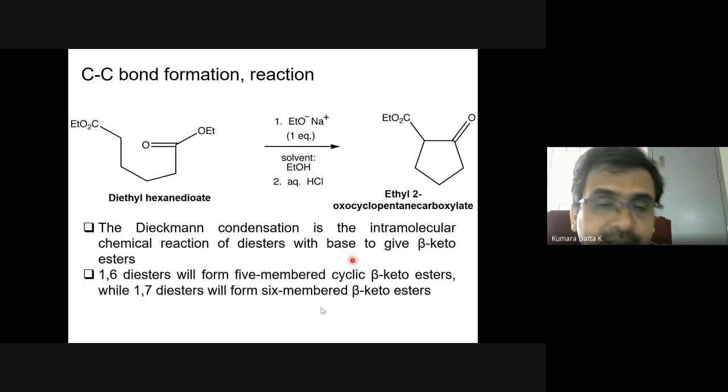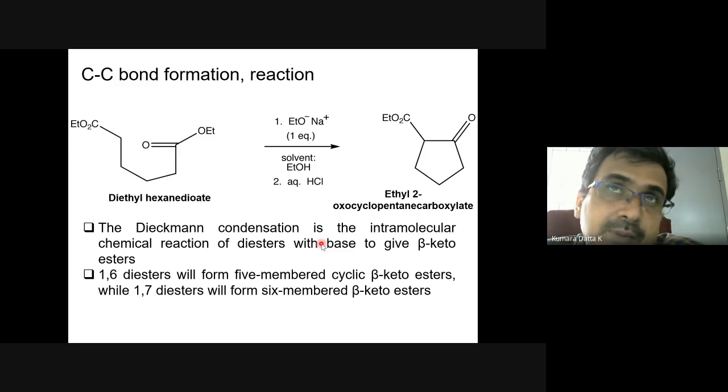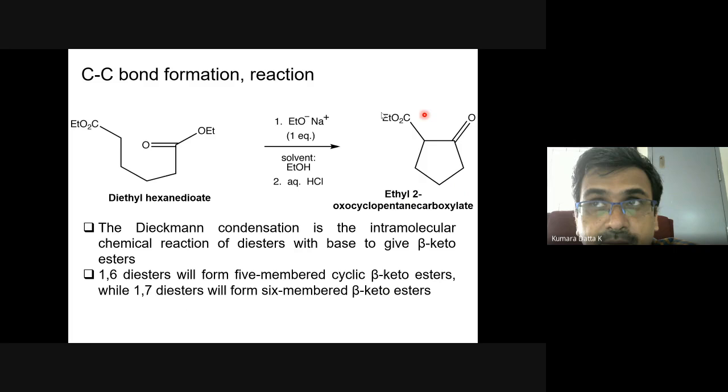So what is Dieckmann condensation? If they ask you, generally such questions can be asked for 4 marks. Dieckmann condensation is an intramolecular chemical reaction, meaning within the molecule. So intramolecular, within the molecule only, this leaves and this rearranges to give a five membered ring.